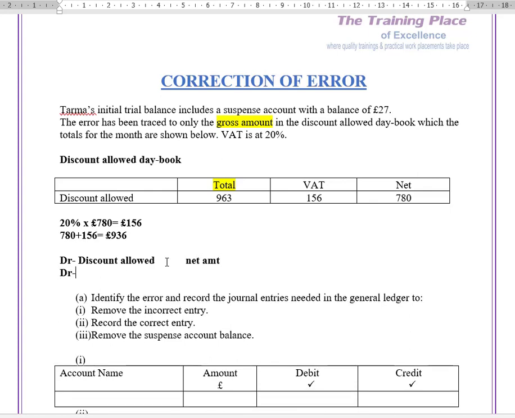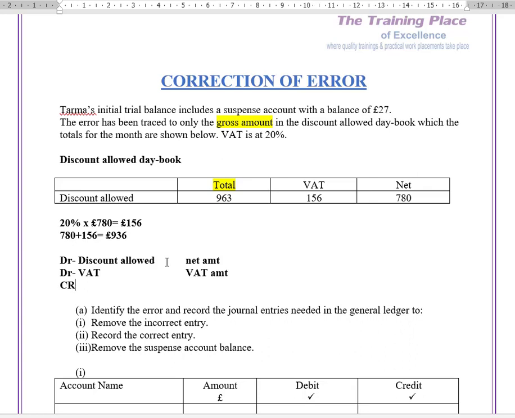You would also debit VAT with the VAT amount. Then you will credit, I'm sure you know that, SLCA with the gross amount. And there sits my error. You have made an error when you were crediting the SLCA account. What you have credited to the SLCA is wrong.